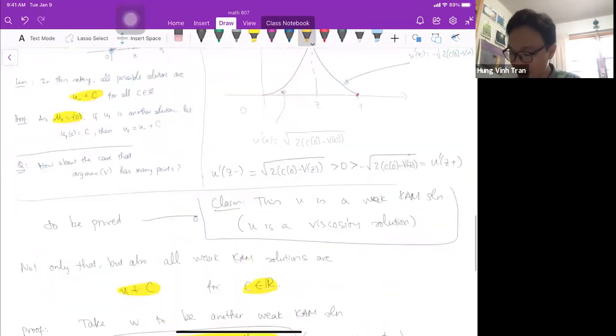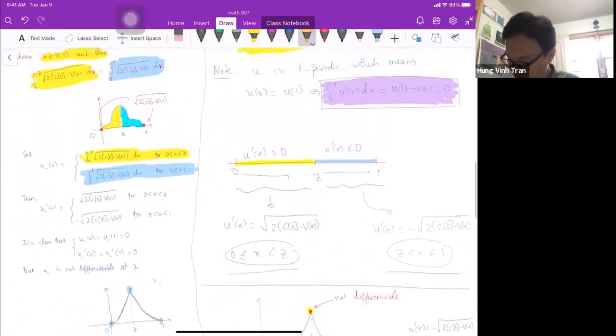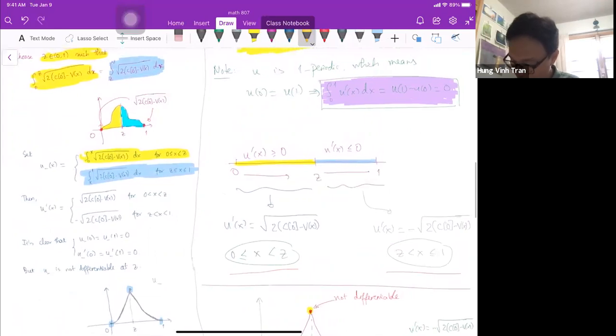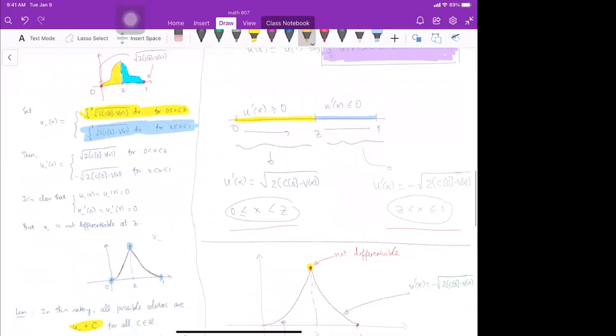Any other concern before I move on? One question: the z you choose here is exactly where v has a minimum?